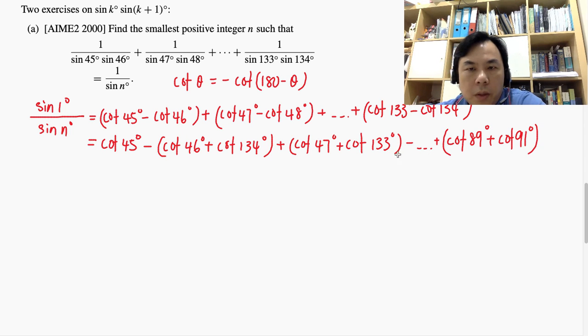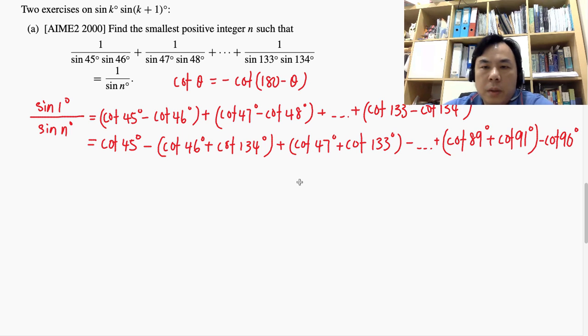And then finally we still have one more, which is cotangent 90 degree. So 89, 91, and then finally there's the only one left here. So cotangent 45 is actually a 1 here, and then you can see that this is actually cotangent 46 degree minus cotangent 46.